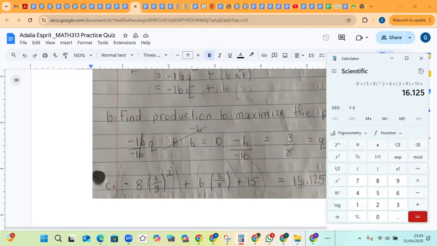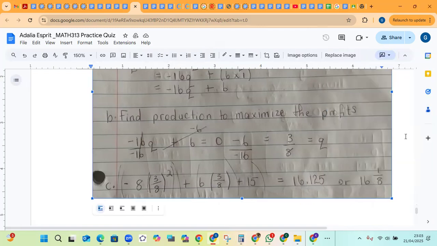And here we have it, 16.125. So it appears that all the 3 parts, A, B, and C, are correct for this question.